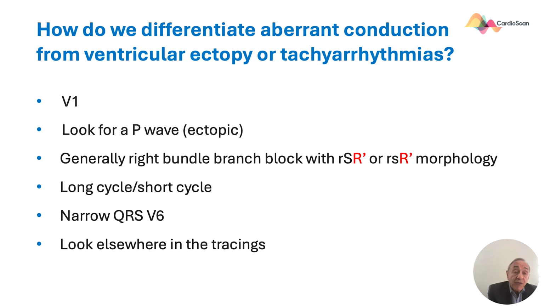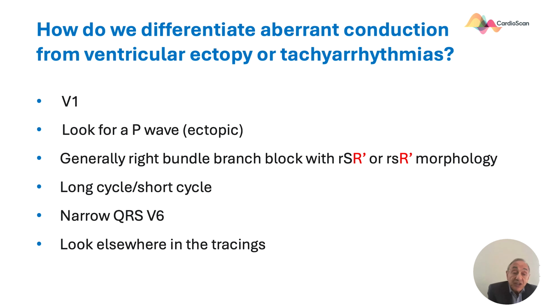Firstly, we look for V1, and hopefully in your Holter monitors, a V1 can be extrapolated by the placement of the leads appropriately. We look for a P wave. It's usually there with an ectopic, but also with a supraventricular tachycardia run.